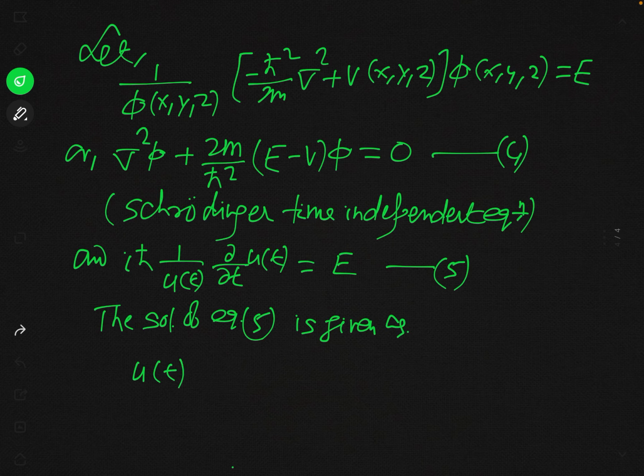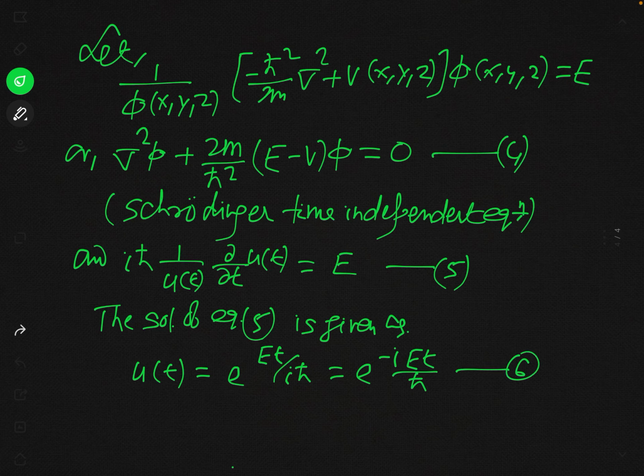This is u of t is equal to e raised to the power Et over i h bar, or equivalently, as you know, 1 over i is equal to minus i, so this can also be written as e raised to the power minus i E t over h bar.